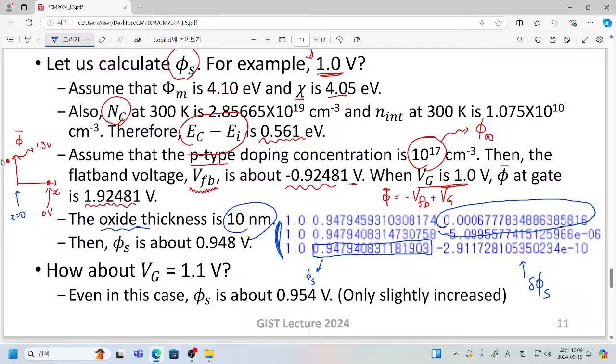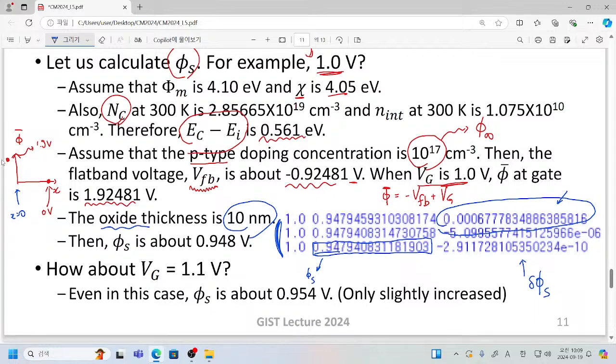I started from a certain low gate bias voltage and slightly increased the value toward the target value 1.0. That's the reason why my update value is not that high. But anyway, we can eventually get the solution.